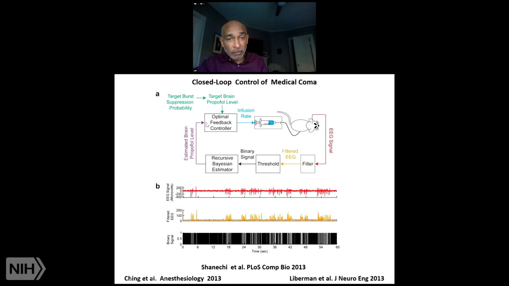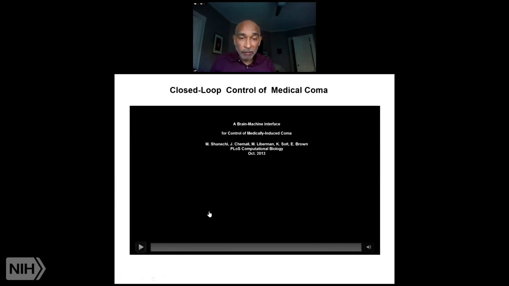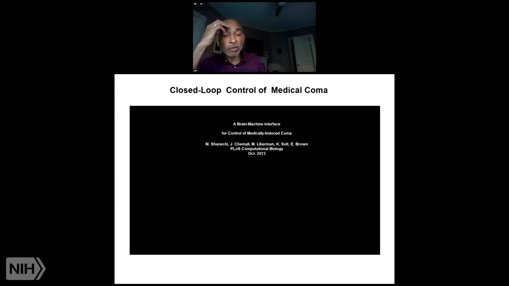So you set that level here, you estimate what it is based on the EEG, and in real time you change the infusion rate of the pump, and you just have this very simple control system. Just to show you what this looks like, we did this a few years ago, so this is now 7 years old, just to show you what's possible.